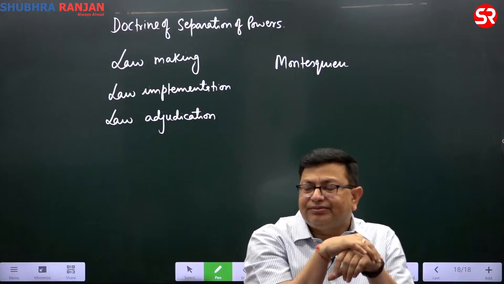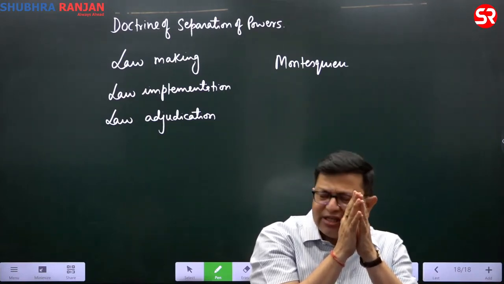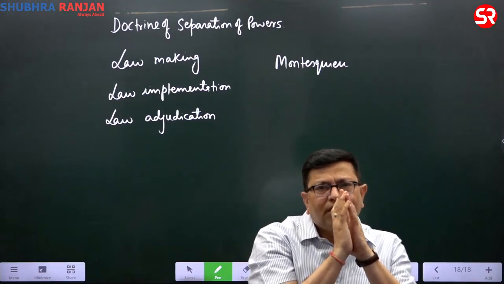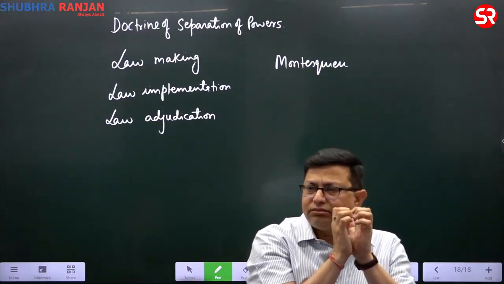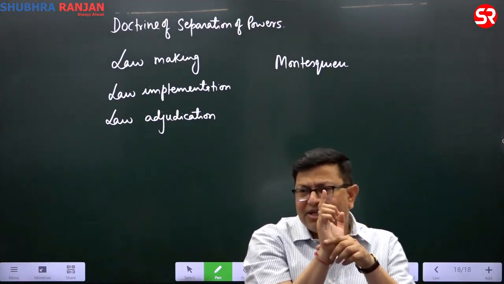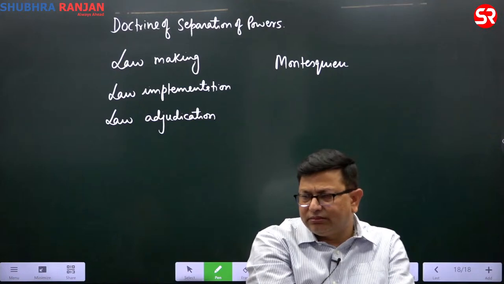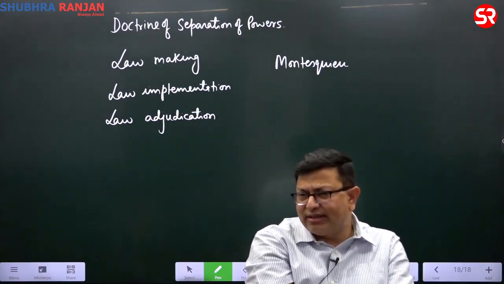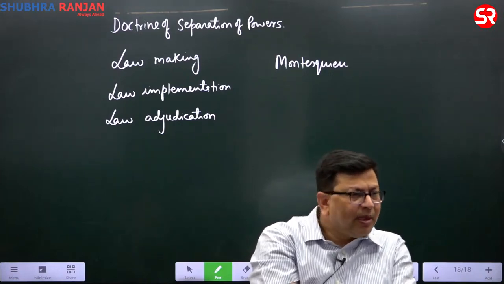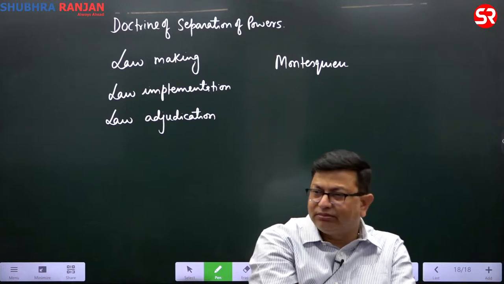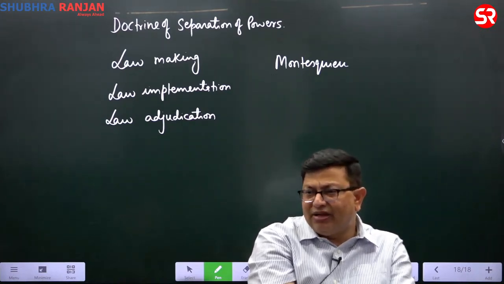In the next sentence, we can write: the doctrine of separation of powers is strictly enforced in a presidential system like the US, where the three organs of the government discharge their respective functions.